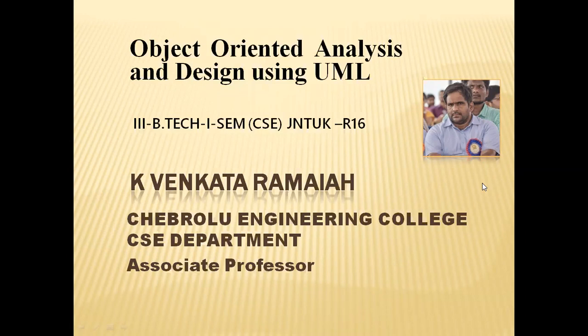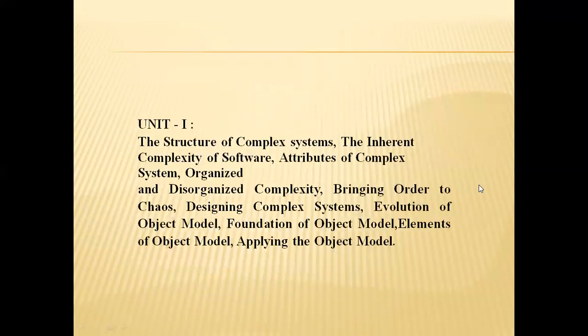In our syllabus, there are 6 units. In the first unit, you are covering the structure of a system, what the object model is, what the elements in the object model are, and how to apply the object model to a particular system.